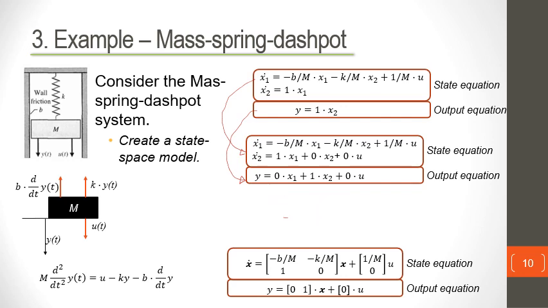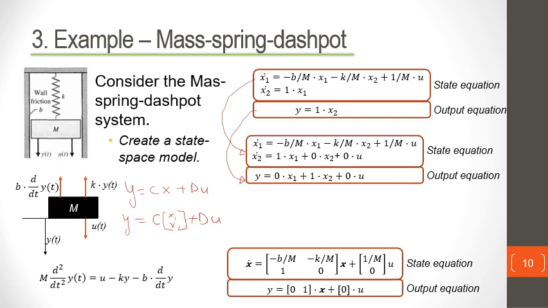Let's look at the output equation. The output equation has to be y is equal to cx plus du. Remember, the x here is a vector, so this is simply y is equal to c times x1 x2, a column vector, plus d times u.